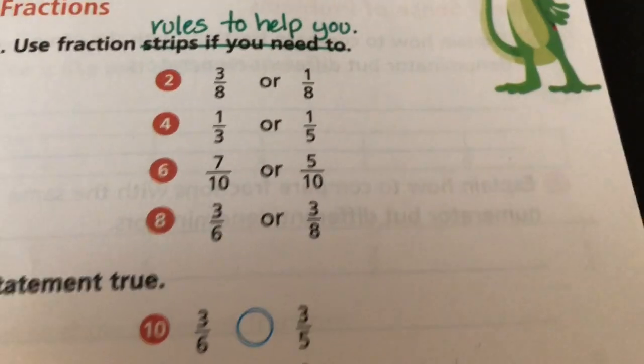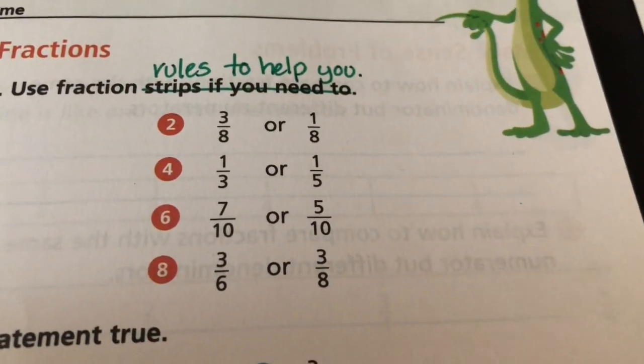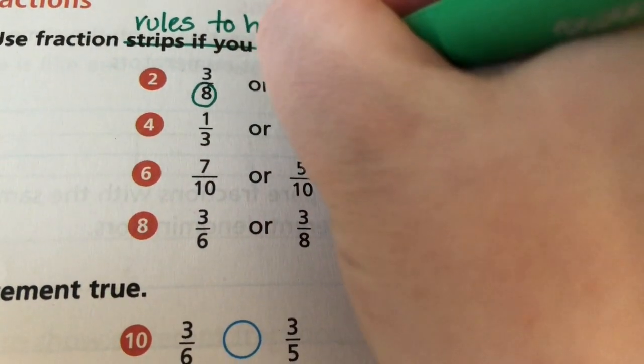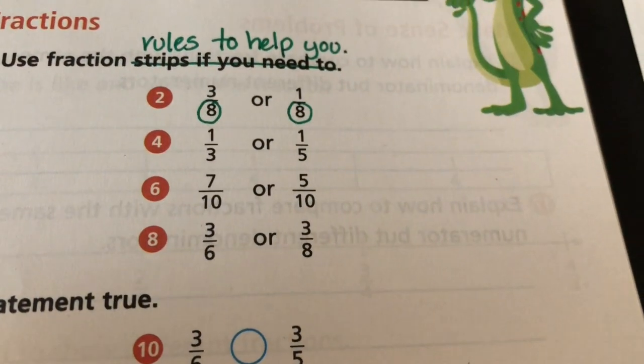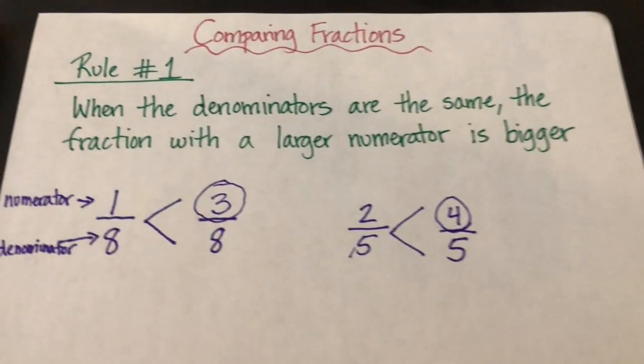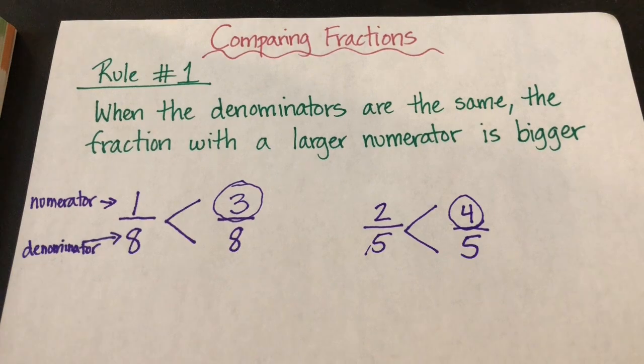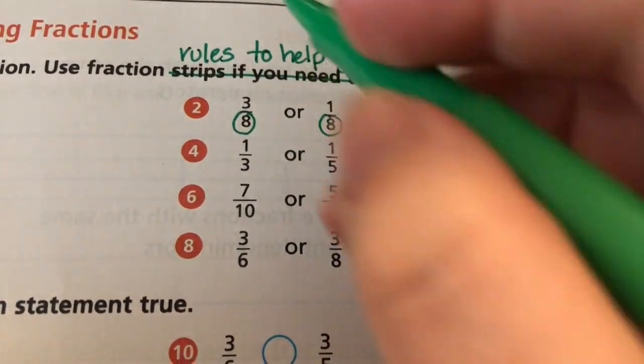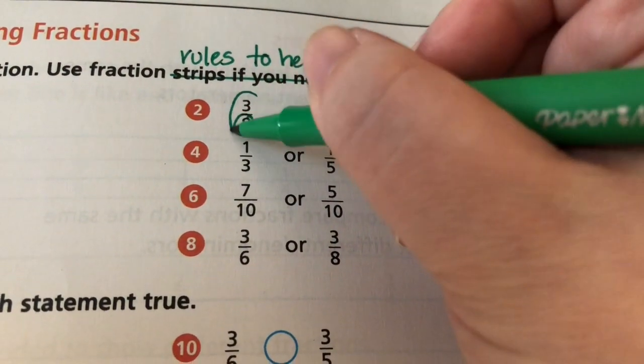Okay, for number two, we're going to do this same thing. So we have 3/8 or 1/8. It looks like our denominators this time are the same. So I'm going to refer back to my first rule. When the denominators are the same, the fraction with the larger numerator is bigger. So the larger numerator is going to be bigger, so it's going to be 3/8.